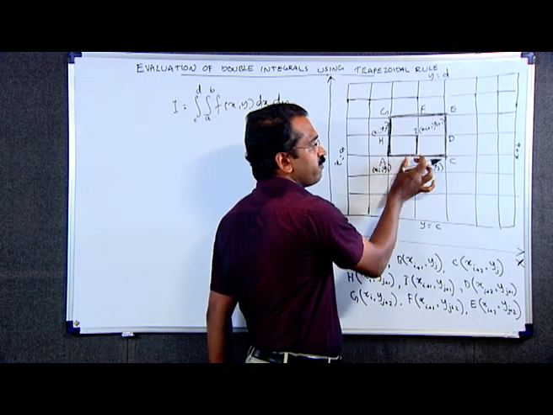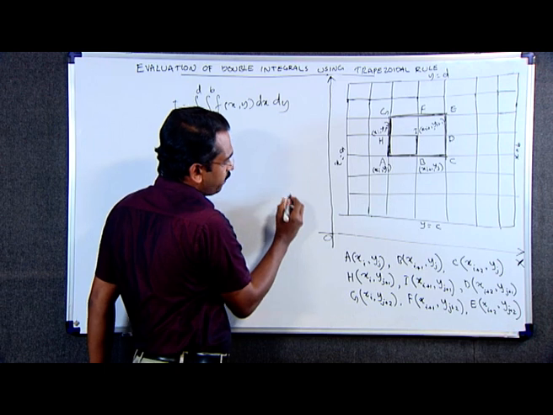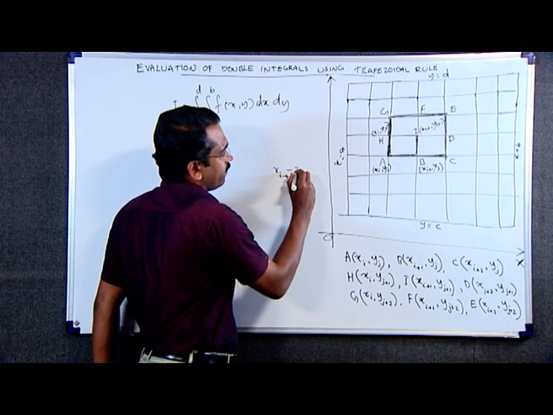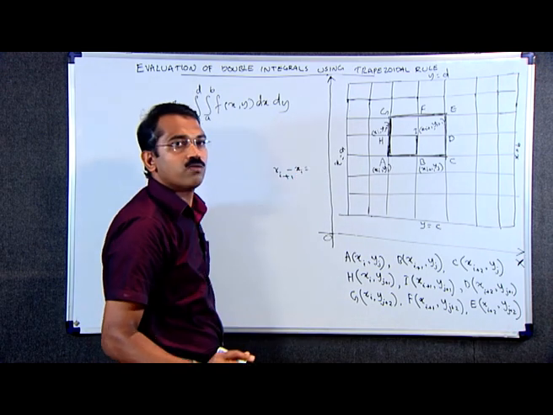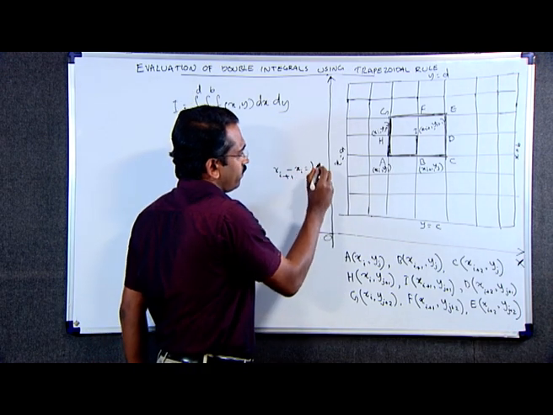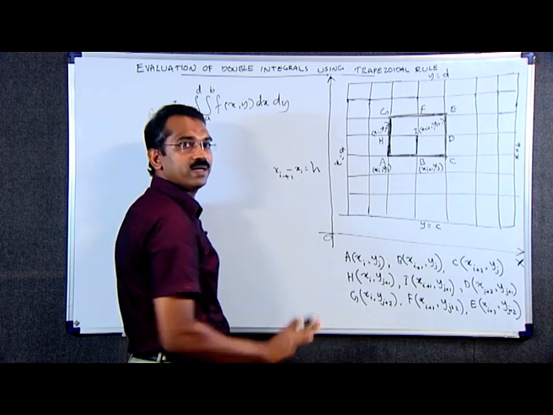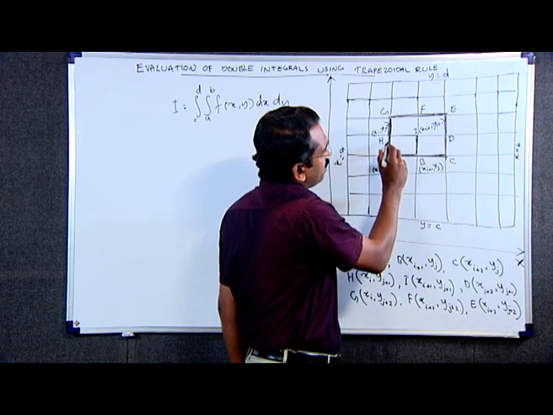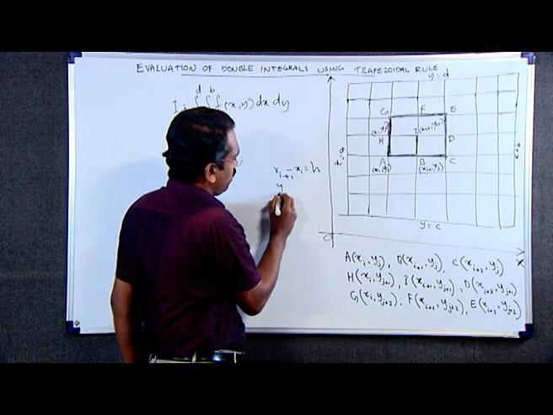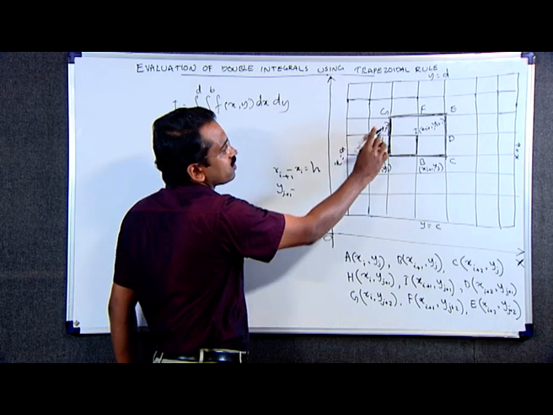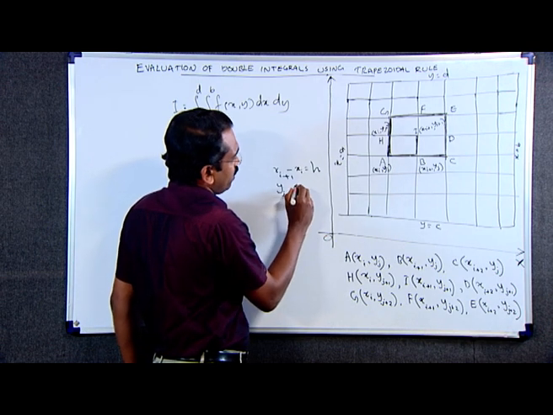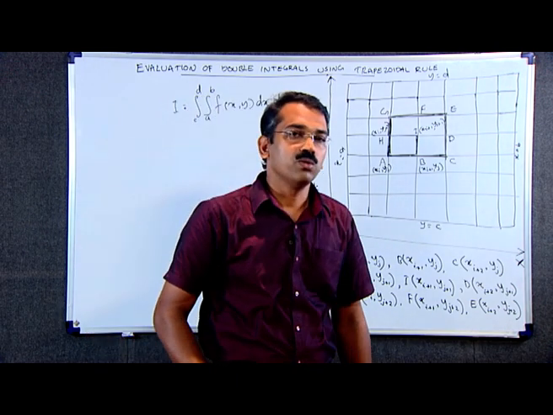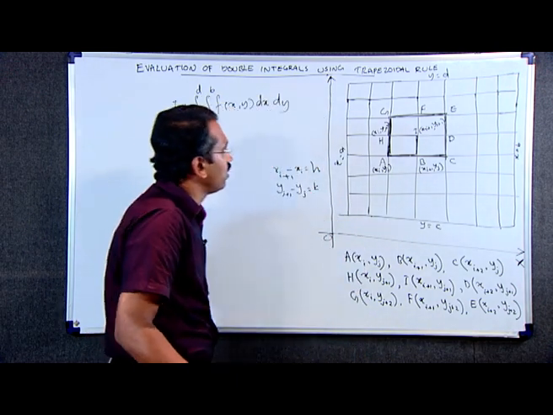Here, this difference, xi+1 minus xi, we denote by h, and along the y axis we take this difference yj+1 minus yj, let it be k.